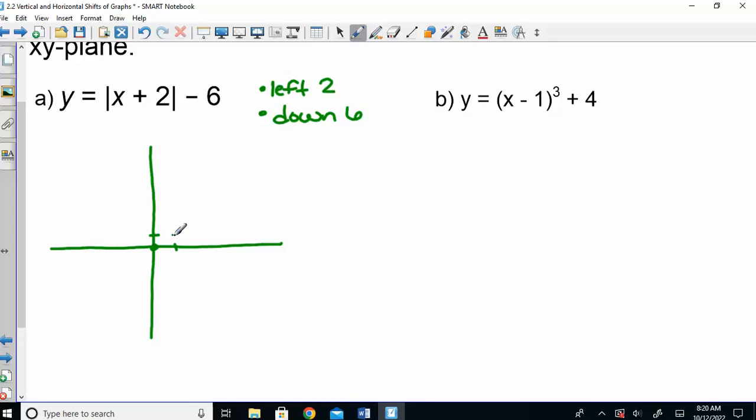Absolute value of 0 is 0. 1, 1, 2, 2, negative 1, 1, negative 2, 2.